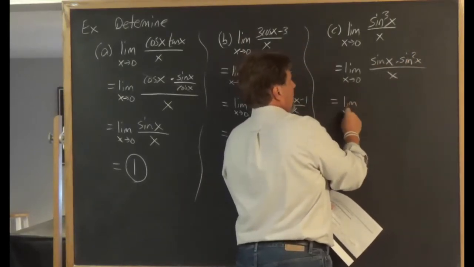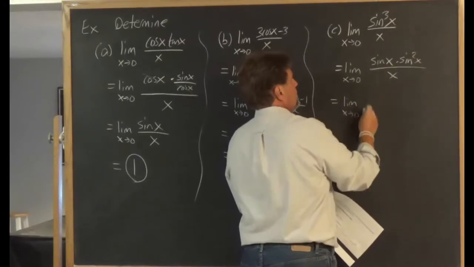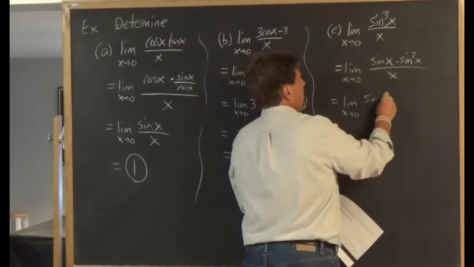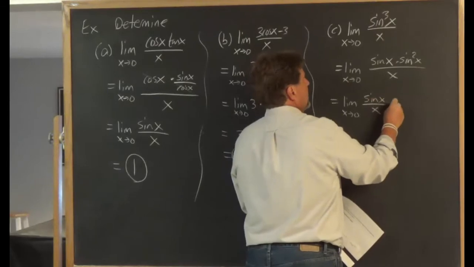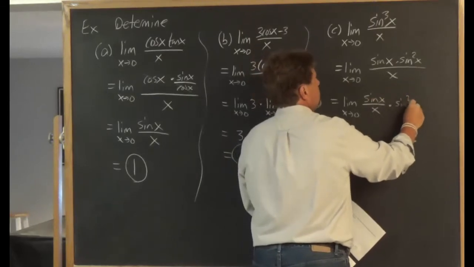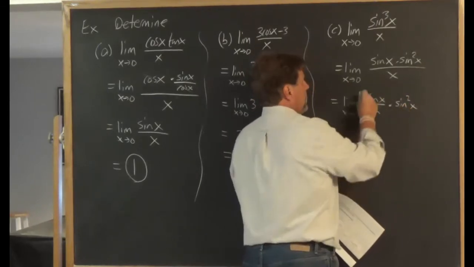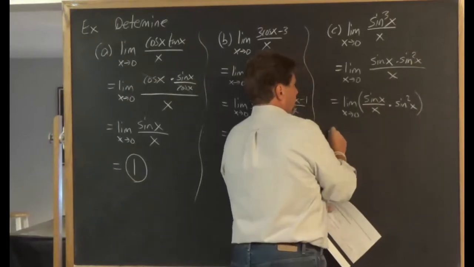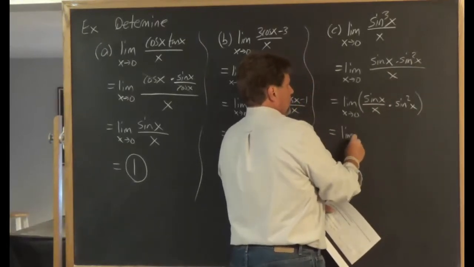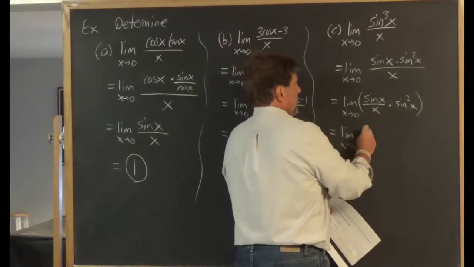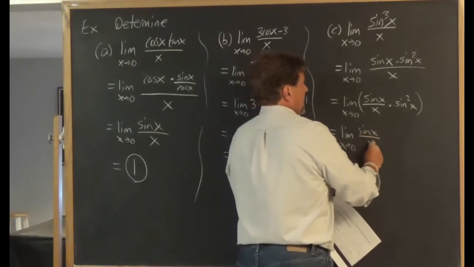Then I can look at this product as being sine x over x times sine squared x, that'd be over 1. Then I can use that old limit theorem. The limit of a product is the product of the limits.